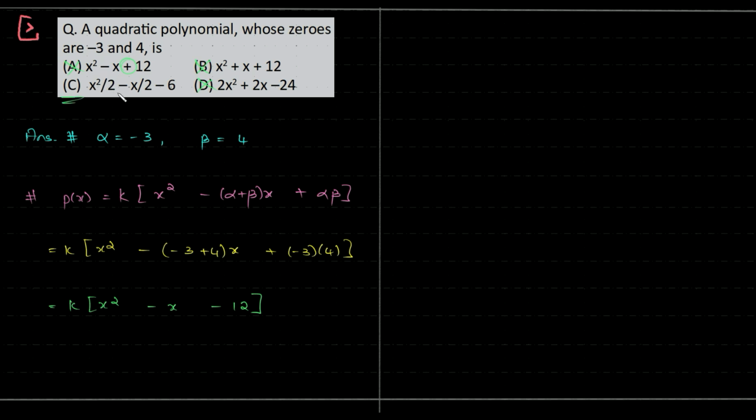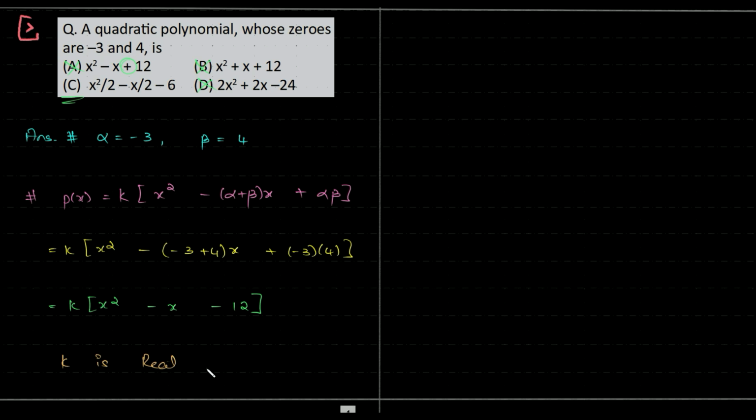I mean, there is x by 2 minus x by 2 minus 6. How is that possible? The sign looks to be same. But how is this possible? See, remember, k value is a real number. Right? So what does a real number include? It includes everything.